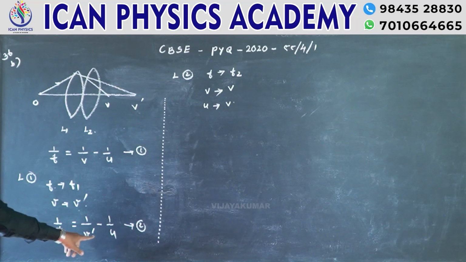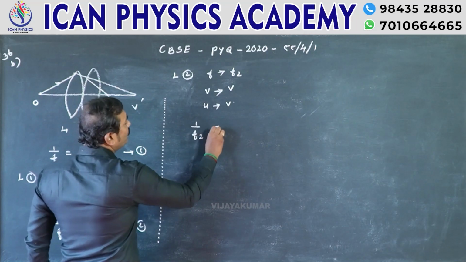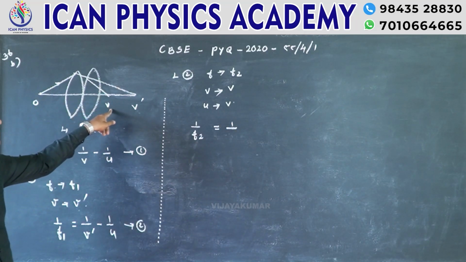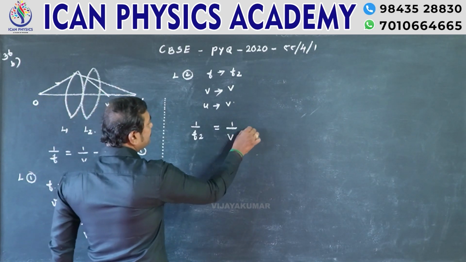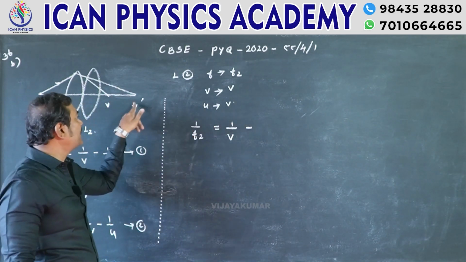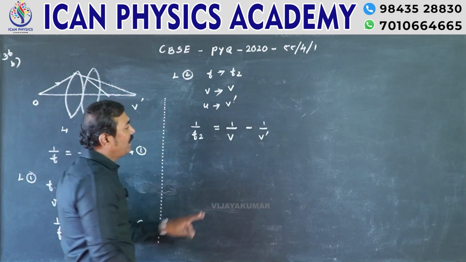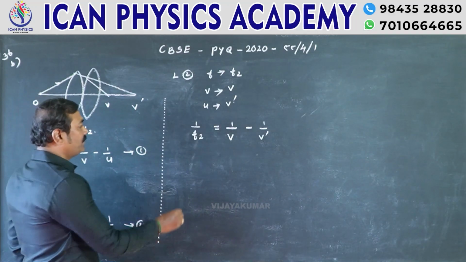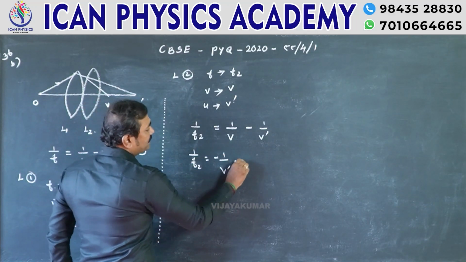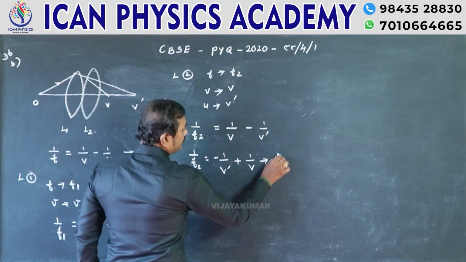So how can we modify this formula? Then 1 by f2 equal to 1 by image distance, which is v, minus 1 by object distance, which is v dash. So 1 by f2 equal to minus 1 by v dash plus 1 by v. Now it's taken as equation number 3.